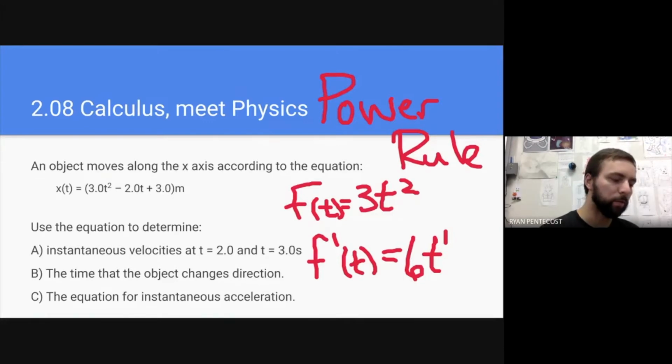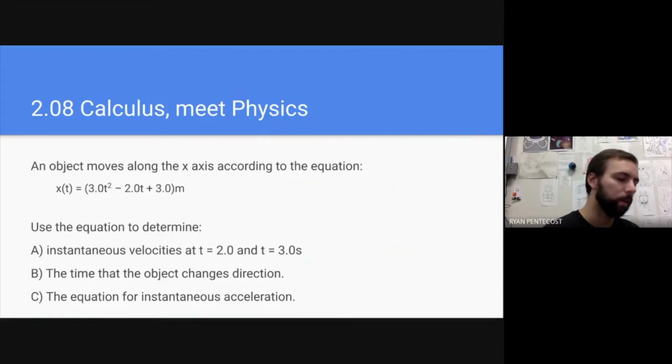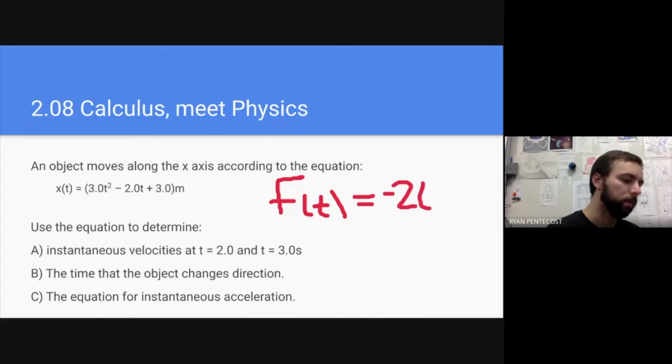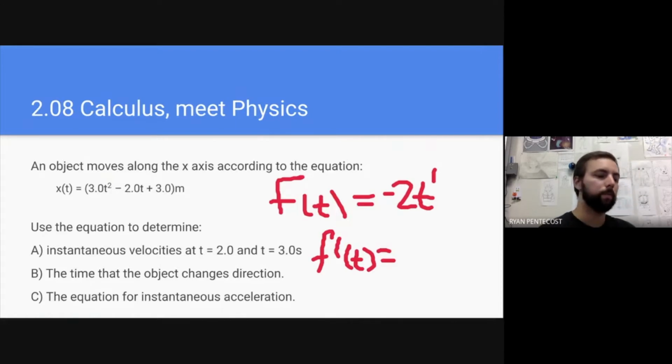Now let's do the power rule for negative 2t. If your original function is negative 2t, then for the derivative, f prime of t, you take the exponent, which is a 1, and you multiply that by negative 2, so you get negative 2.